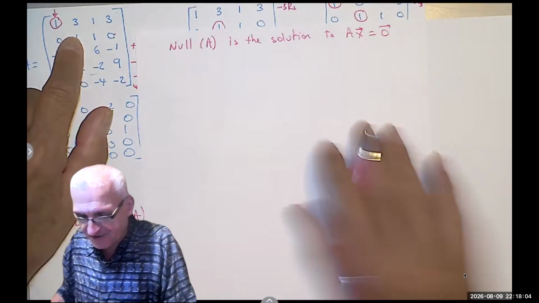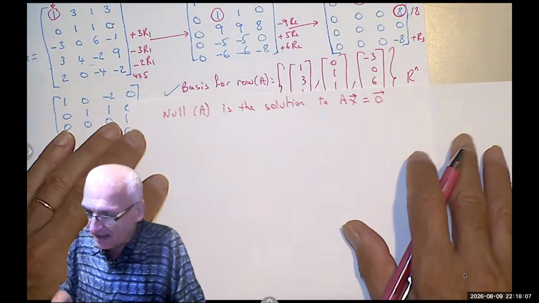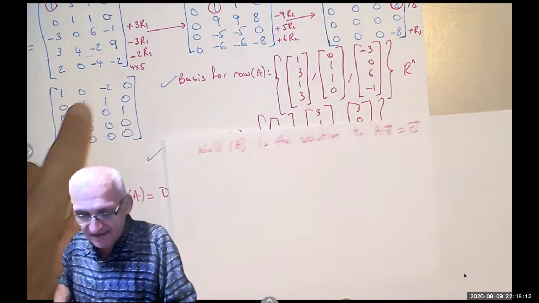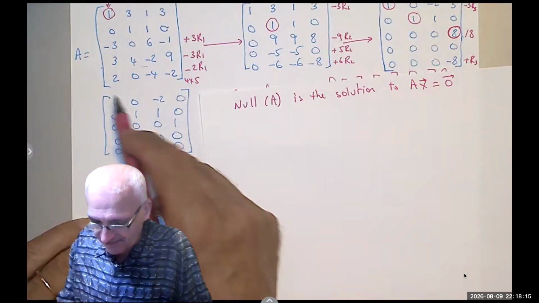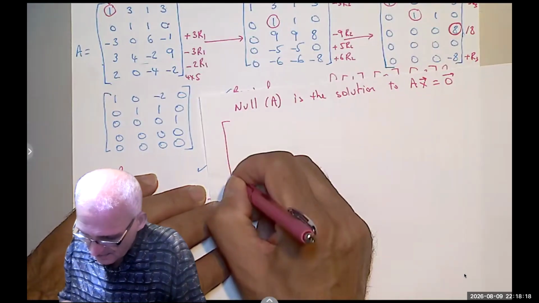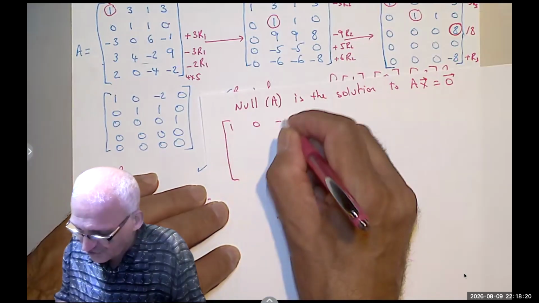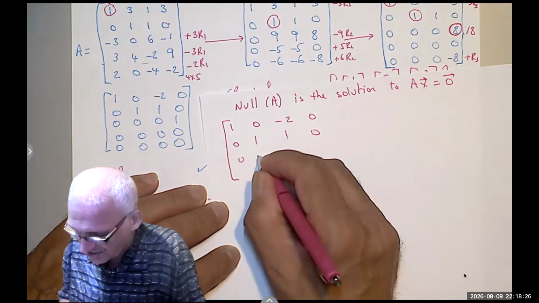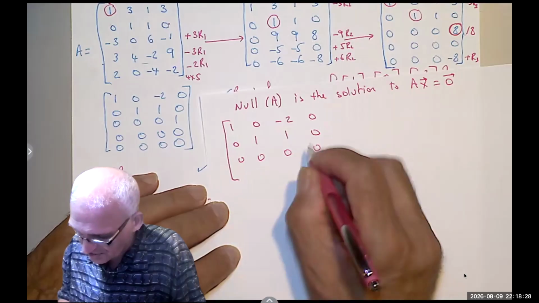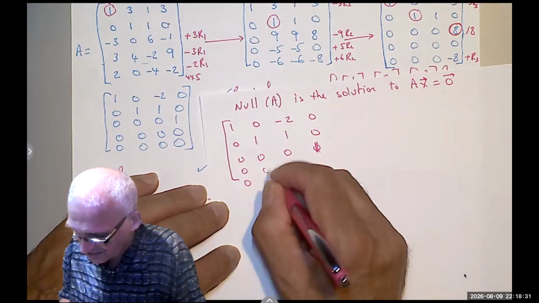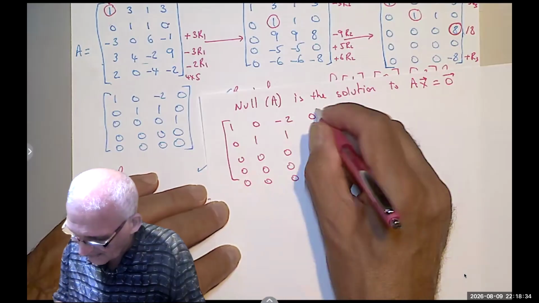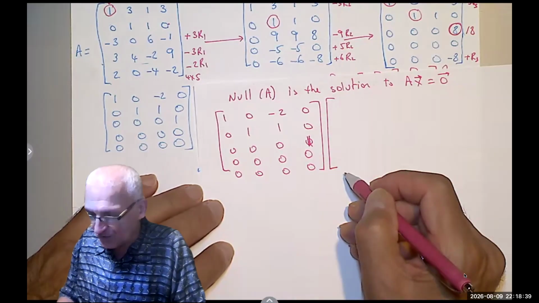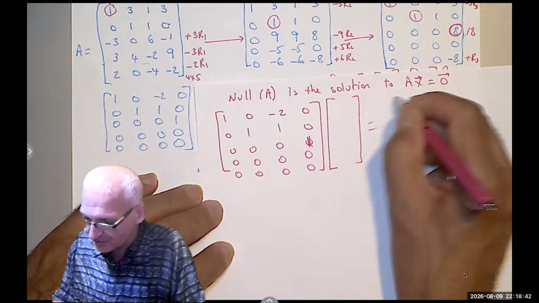Meaning, if I take this matrix and write it, we will end up with that, right? So if I multiply this matrix 1, 0, -2, 0, 0, 1, 1, 0, 0, 0, 0, 0, 0, 0, 0, 1, 0, 0, 0, 0, times 4 x's, x1, x2, x3, x4, I will get 4 zeros.